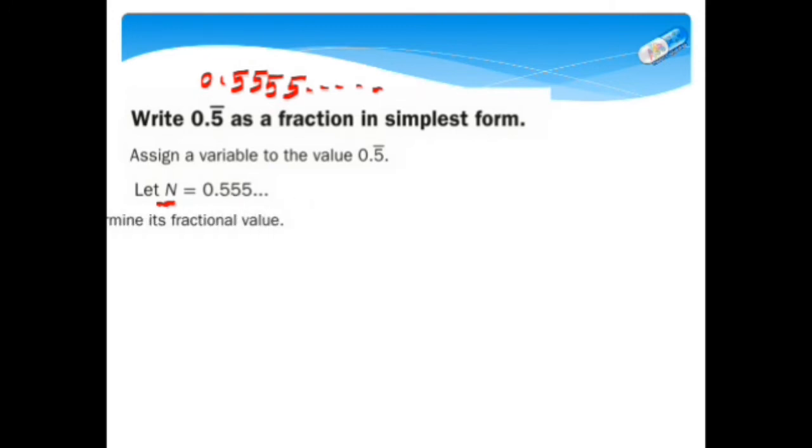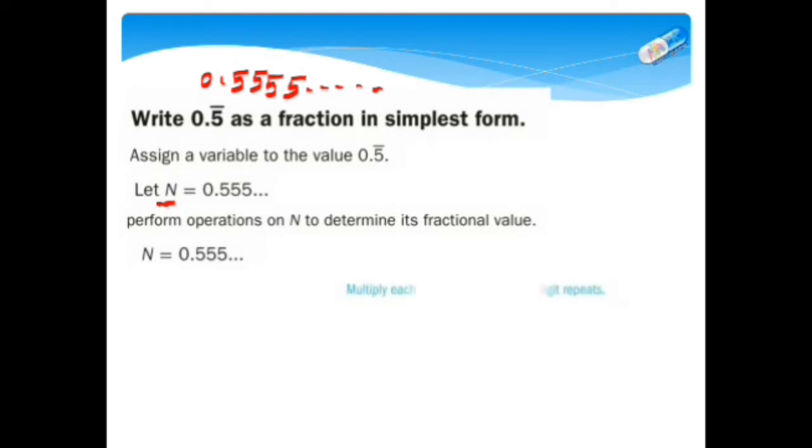So how do we solve this one? The first step is to assign a variable to the value 0.5 bar. So let n equal 0.5555 and so on. After that, perform operations on n to determine its fractional value. So first n equals 0.555 and so on.